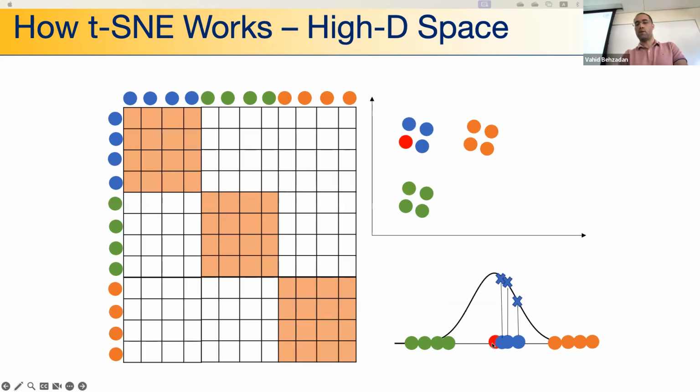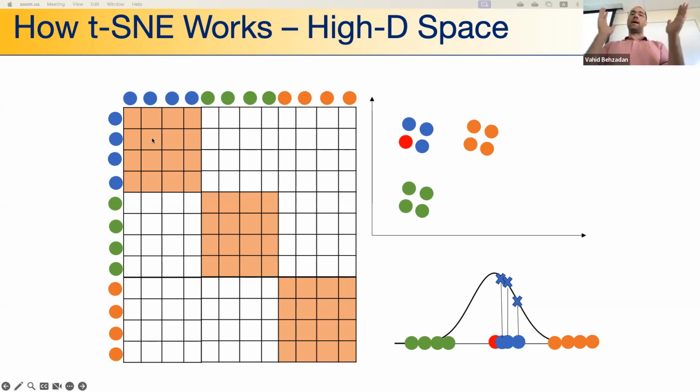So we will end up with something like this. Here is our red cell, the red dot, which represents the cell of interest, and then we should get similar cells close to this one, and dissimilar cells on the two ends, right? So if we create a matrix like this, an adjacency matrix, we will get separate blocks for different clusters, right?